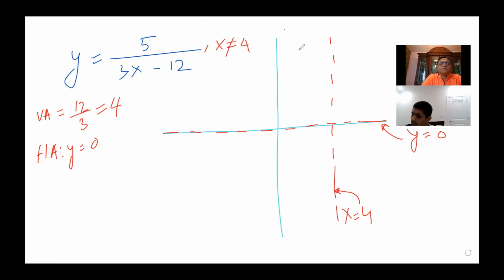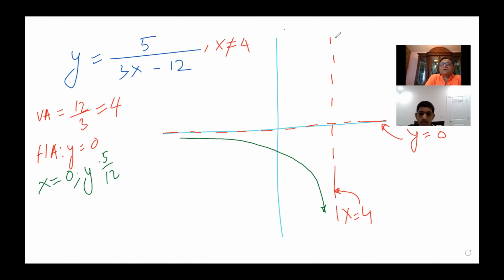And then you find the y-intercept by replacing x with 0. Y equals 5 over 12 with a negative sign. And then you sketch it. Do you see that? Does it make sense? Done.